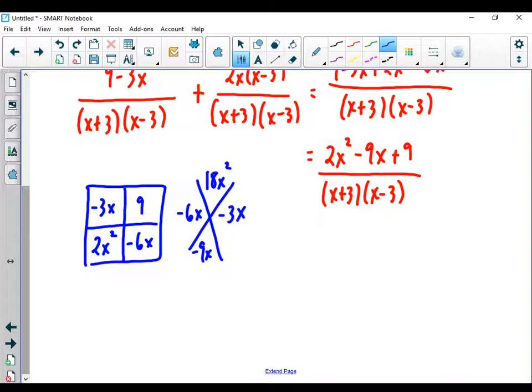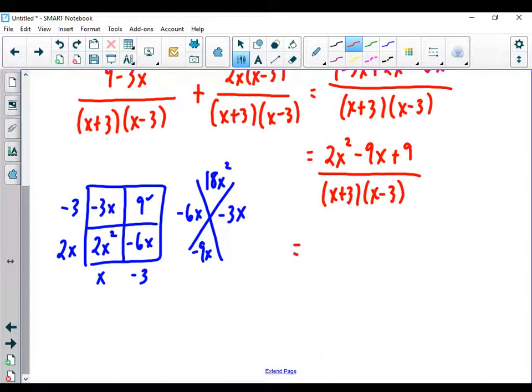So I've got 2x squared and -6x, so 2x in common makes this x. 2x times -3 gives me -6x. x times -3 gives me -3x. -3 times -3 is 9, so it checks out.